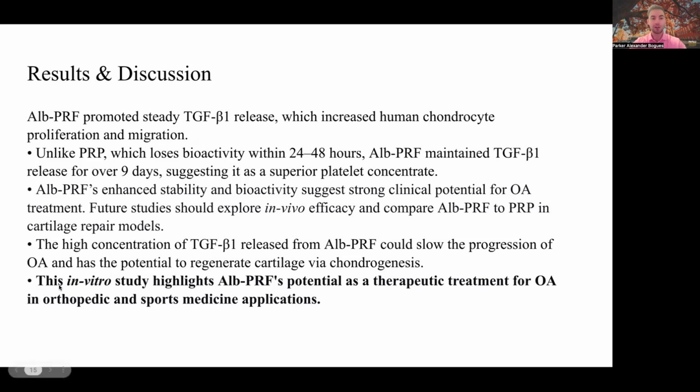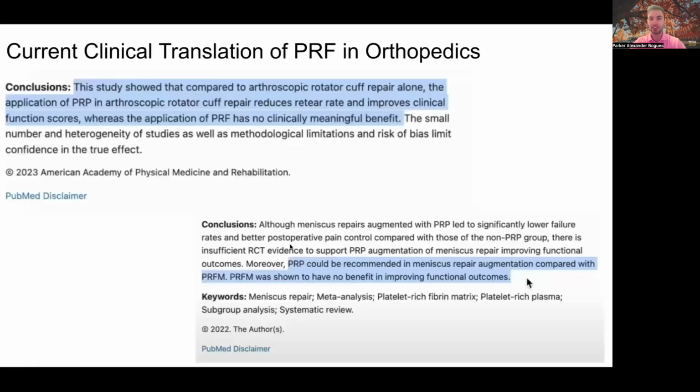So overall, this in vitro study highlights Alb-PRF's potential as a therapeutic treatment for osteoarthritis in orthopedic and sports medicine applications. I mention the translation because, not only with platelet concentrates, but also in other areas of cellular and molecular medicine, not everything that has fantastic results in vitro on the benchtop translates to the bedside and to the clinic to improve the quality of life for patients.